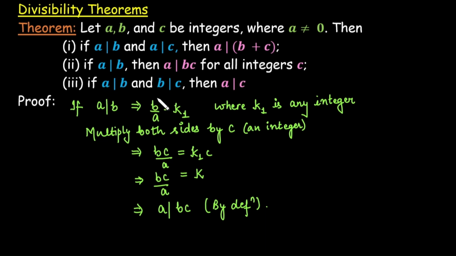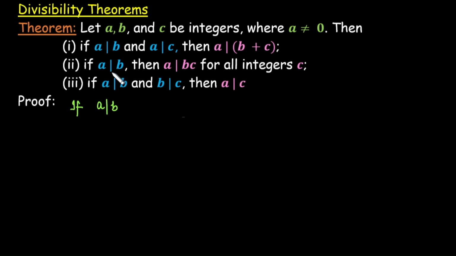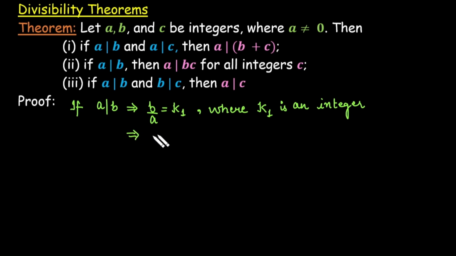Let's prove the third statement, where we take the condition: if A divides B, then B by A is equal to some integer K1. From here we can write B equals A times K1. Let's suppose this is equation number 1.